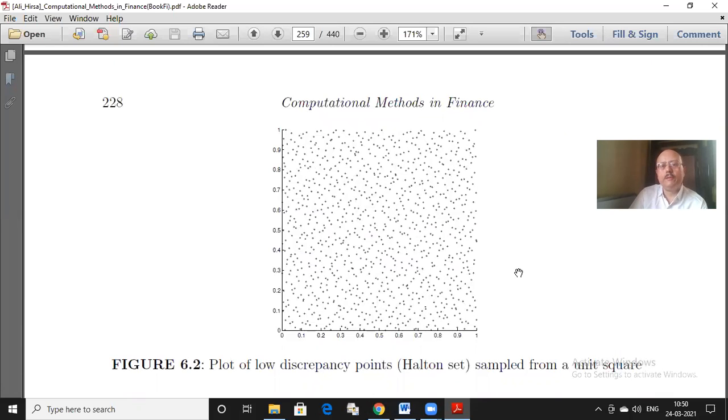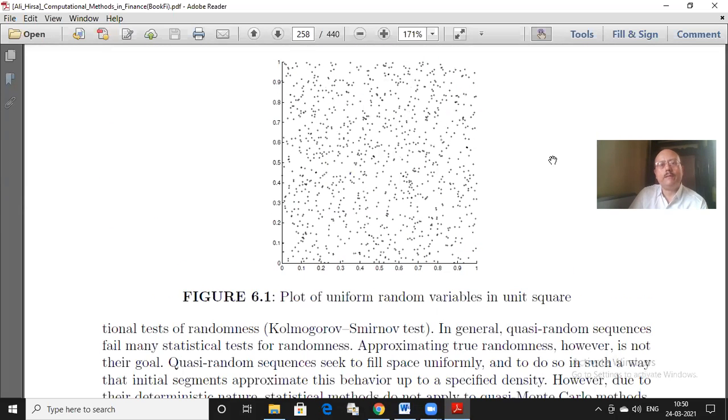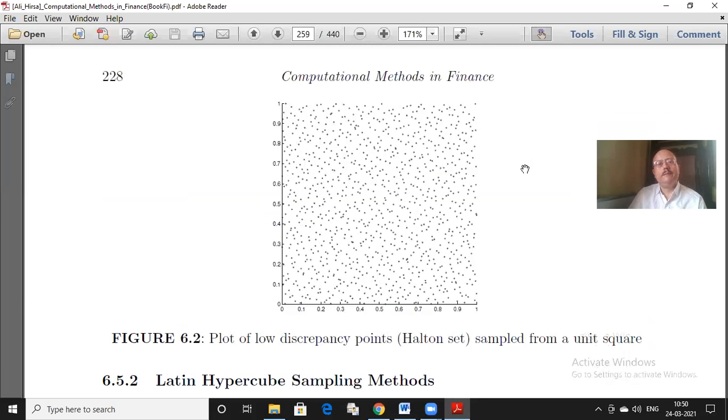This is figure 6.2, which is called a low discrepancy sample. And now you can see this is quote unquote more uniform than the uniform sample in 6.1. So here the density is chosen to be similar in all segments. So these are the quasi-Monte Carlo sample points that I am talking about.